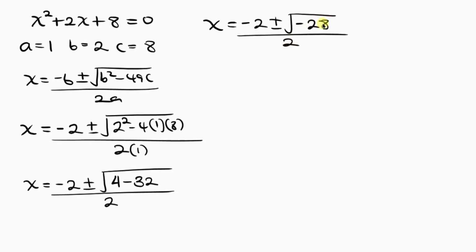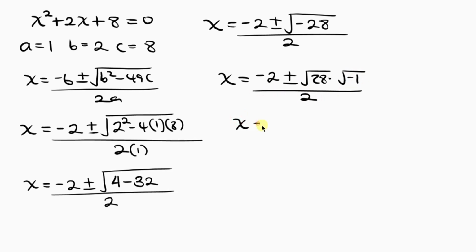So I have a complex value here. So let's go ahead and simplify this complex value. So this becomes x to be equal to negative 2 plus or minus. Now this expression can be written as the square root of 28 times the square root of negative 1, all over 2.